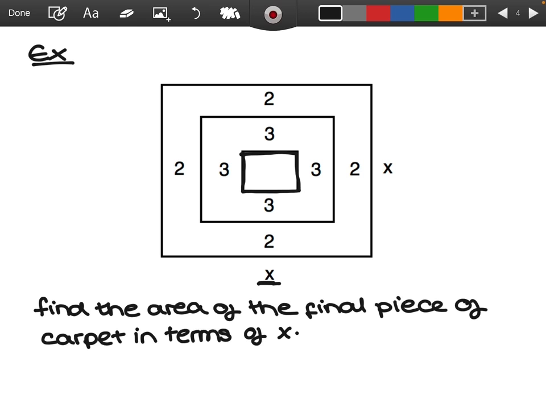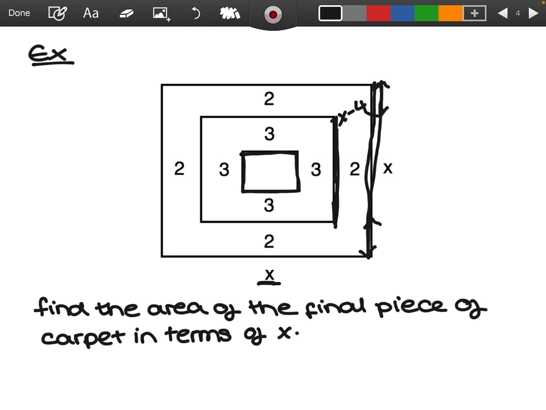If we look at this, so let's take this side x, okay? So this is x feet. I've taken 2 feet away top and bottom. So this length here should be x minus 4 because I've taken 2 feet away from the top, 2 feet away from the bottom.